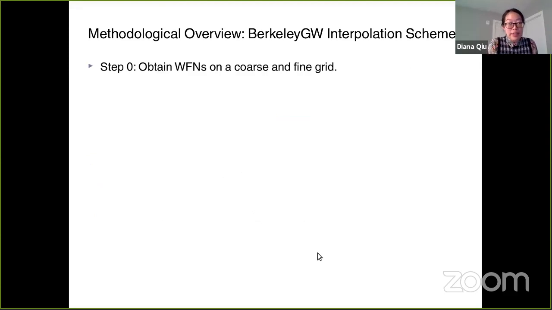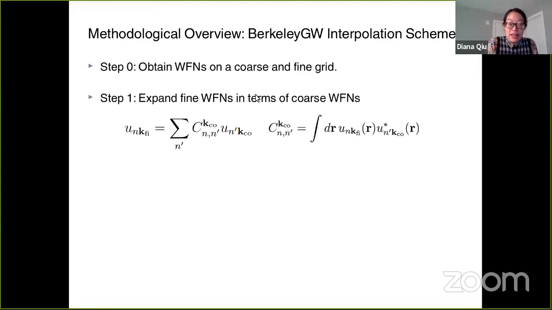To do this interpolation, the first step is to obtain the wave functions on a coarse grid and a fine grid. Then we expand the fine wave functions in terms of coarse wave functions. Here, u is the periodic part of the Bloch wave functions. So we say that u on the fine grid, u_k fine, is equal to some linear combination of u on the coarse grid with some coefficient.